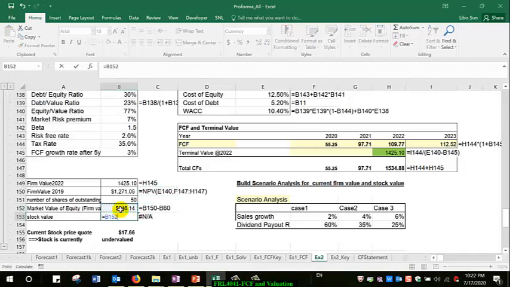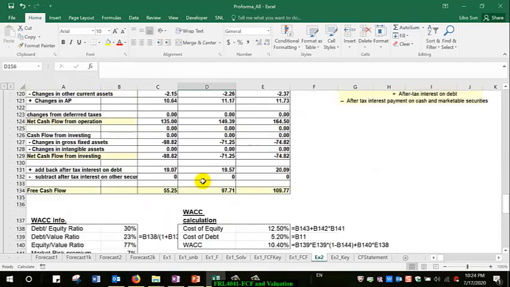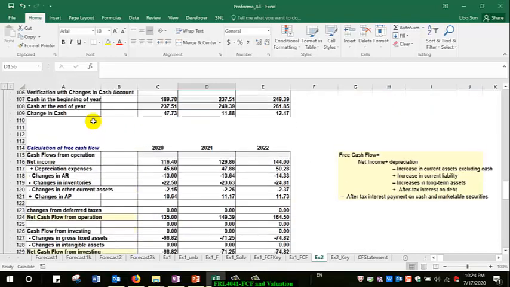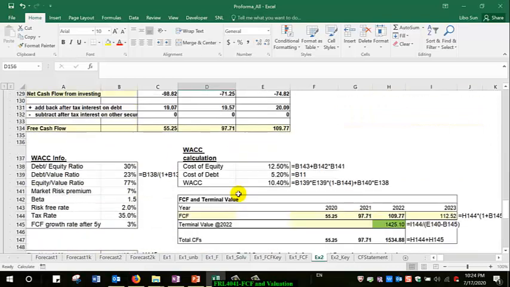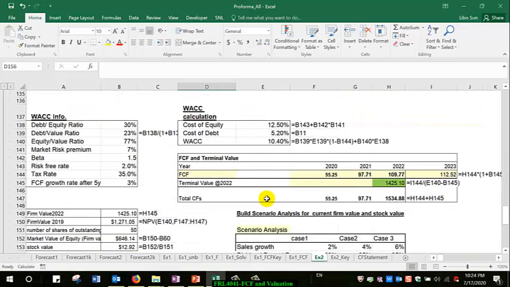Then divide by how many shares we have. The stock value per share is 20.92, right? If the stock price is currently quoted at 17.6, the stock is currently overvalued, right? So this covers the cash flow statement, free cash flow, WACC calculation, and firm valuation.